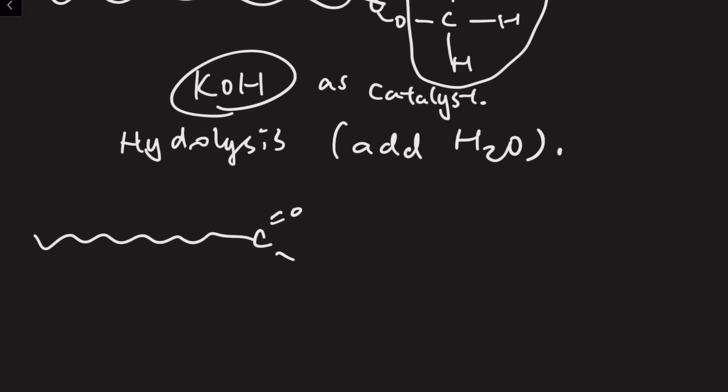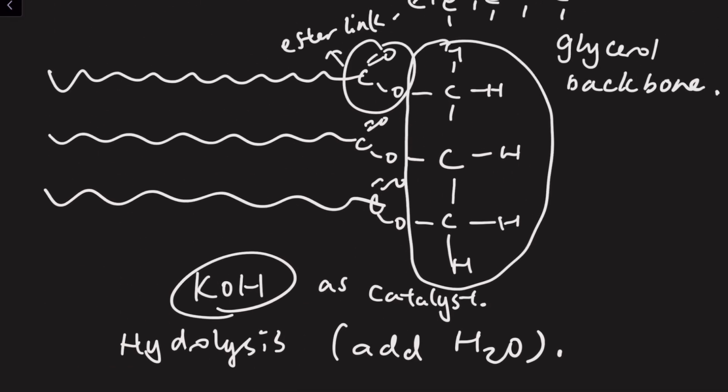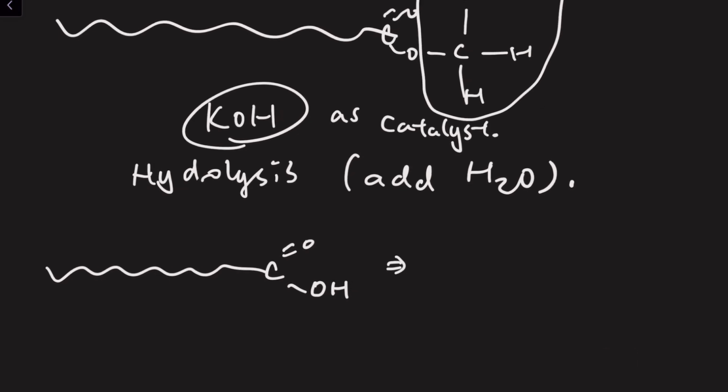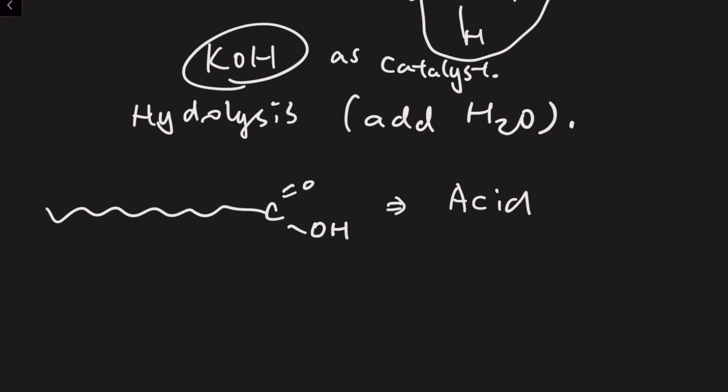So actually, one of the OH from H2O goes to this part, goes to the triglyceride part. And if you remember, this is basically a carboxylic acid. And because it has a very, very long carbon chain, we just call it fatty acid.